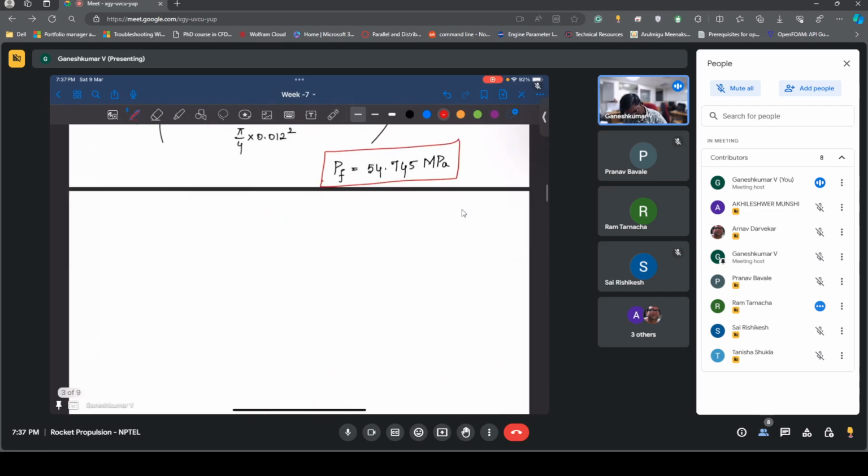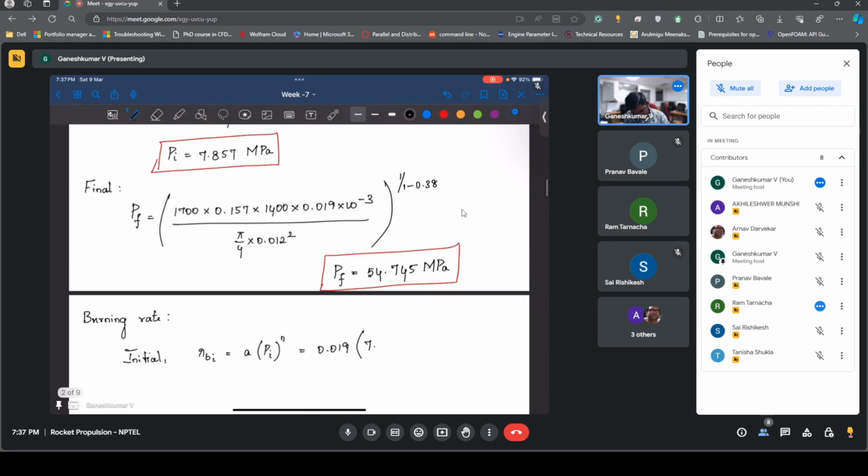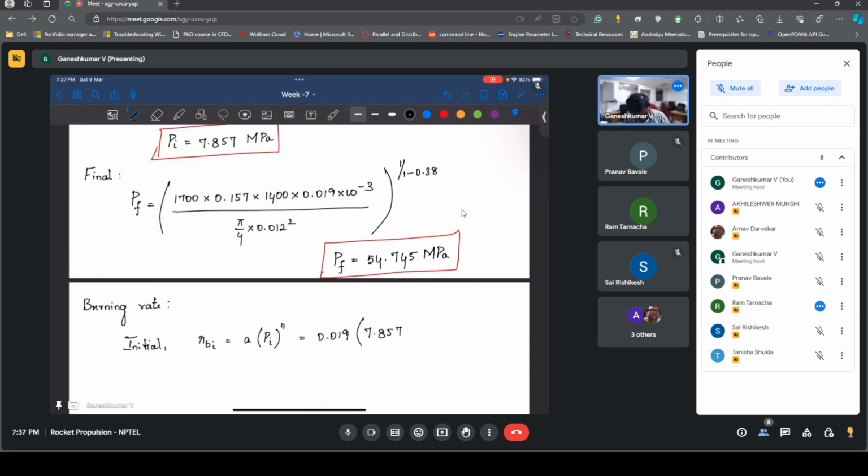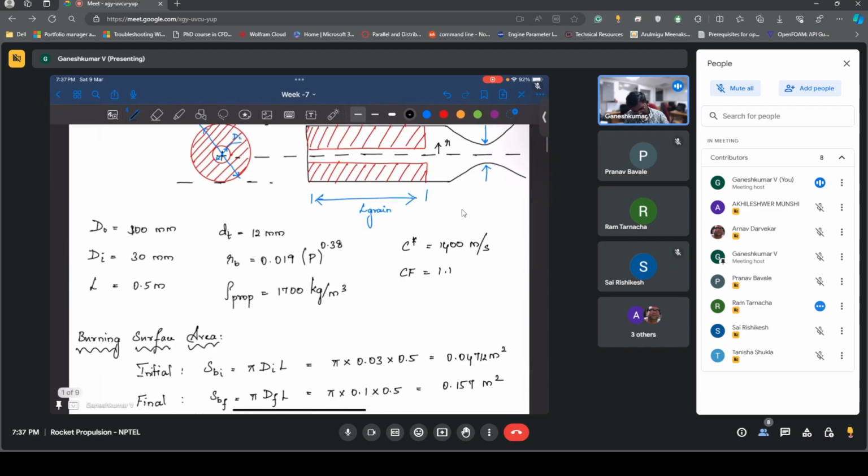All right. That is done. The next is to find burning rate. Similarly, initial and final burning rate. Let's try to find. For that we already have the relation, which is a P^n, but we are going to use initial and final. That's it. 0.019 into 7.857 into 10 power 6. You need to be a little careful here, because you should see whether the pressure is given in pascals or megapascals.